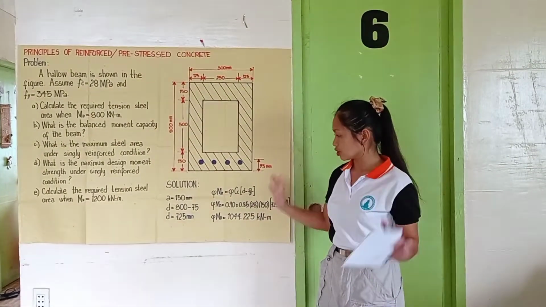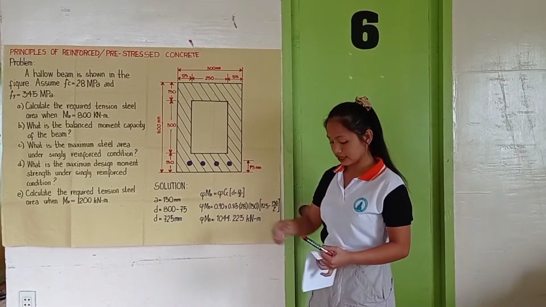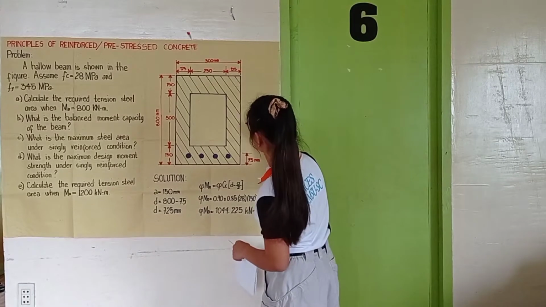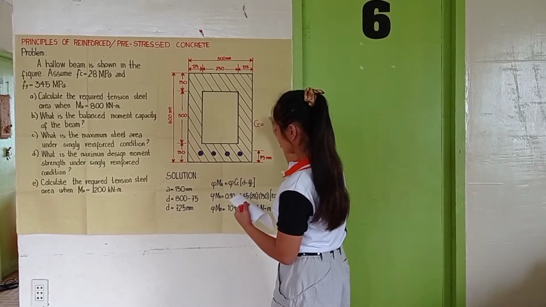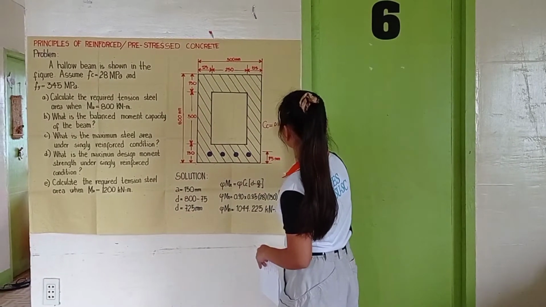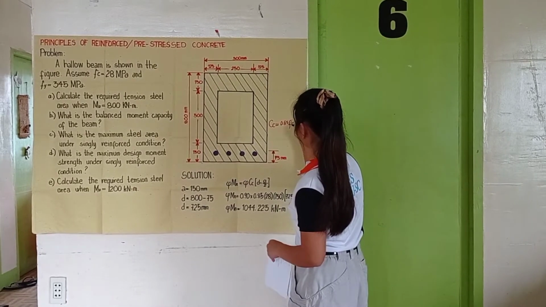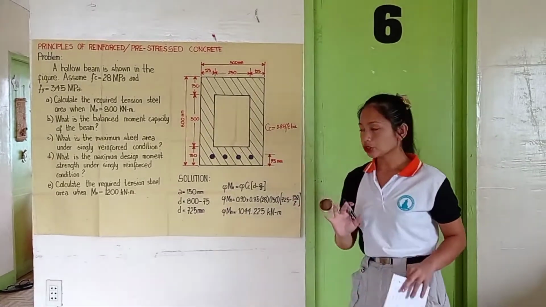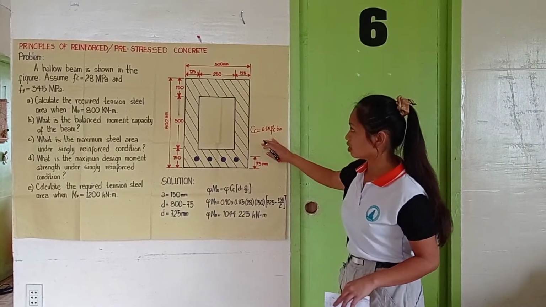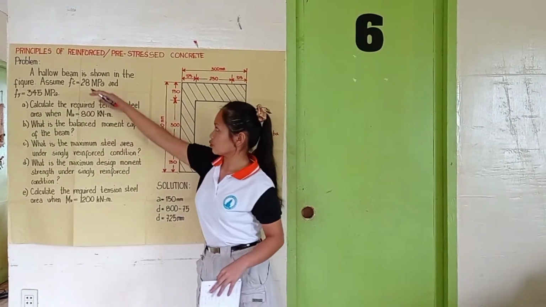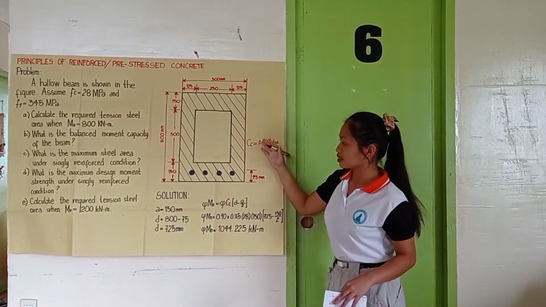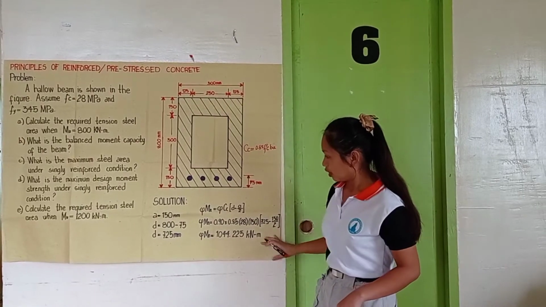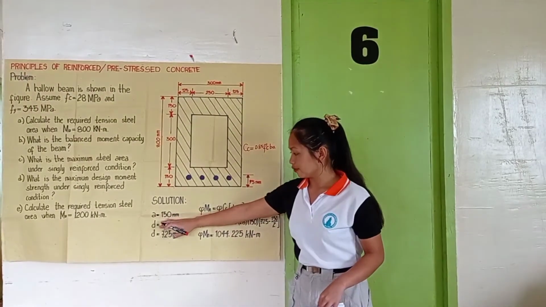The extraction formula of this Cc is Cc equal to 0.85 F prime of C times B A, which means the 0.85 coefficient, our F prime of C, which is 28 MPa, times the base, which is 500, and A. So the value of A is 150 millimeters.